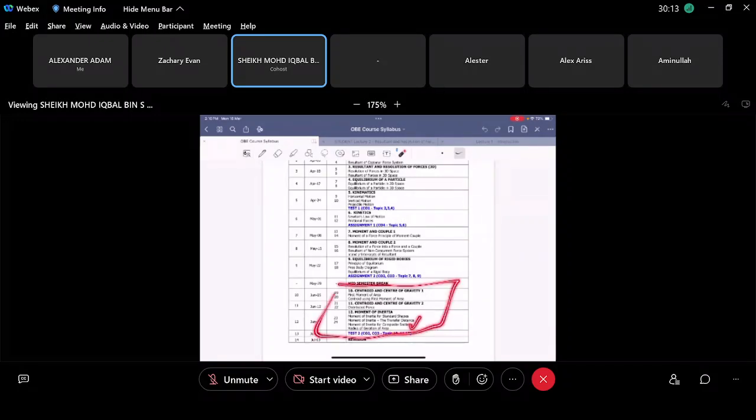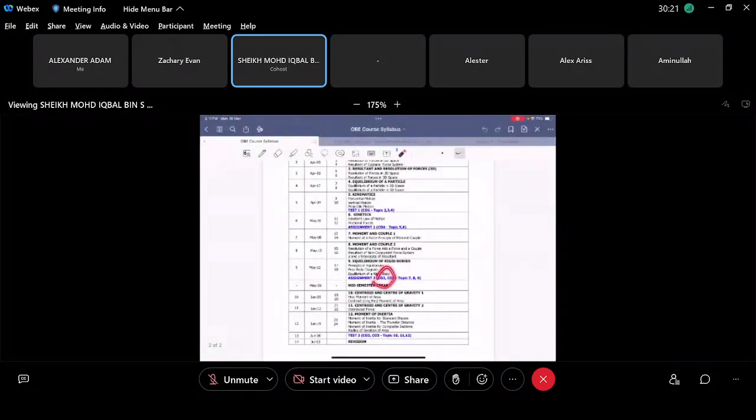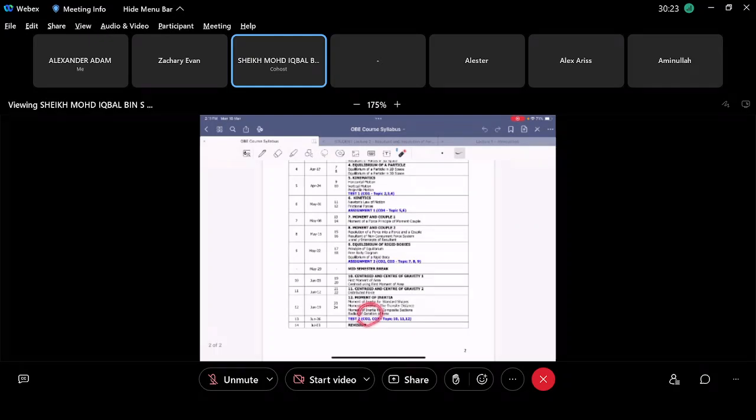Each one will cover different course outcomes. This is for course outcome 1, course outcome 4, course outcome 2, 3, and then course outcome 2 and 3 as well. And then we will have our revision week on the 14th week, which is the 3rd of July. So two assignments, which is group work, and then you have two tests.